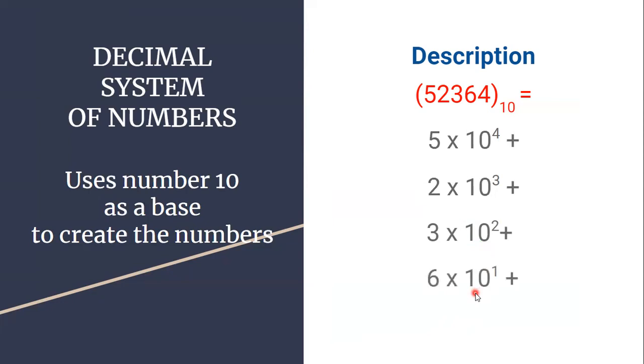I substitute 10 with 10 to the power of 1, and I substitute 1 with 10 to the power of 0. So as you can see, I can create the number 52,364 by using the powers of 10. And this is why we call it decimal system of numbers or denary.